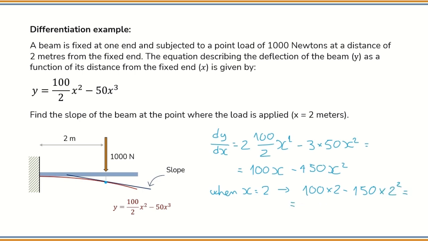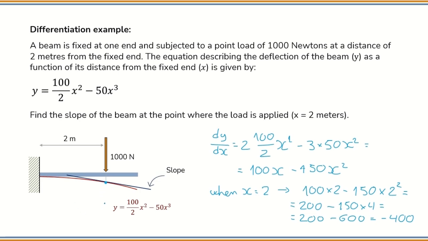This equals 200 minus 150 times 4. This is 200 minus 600. And this is minus 400. So the slope at this point is minus 400. It is negative because the beam is bending downward at the point due to the applied load.